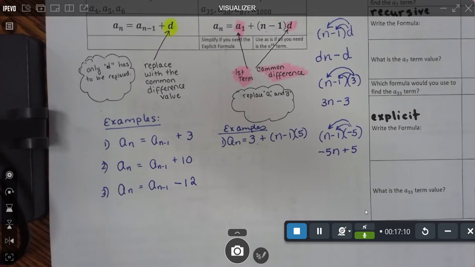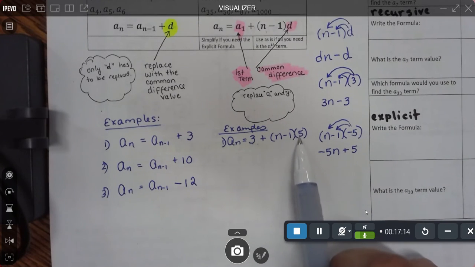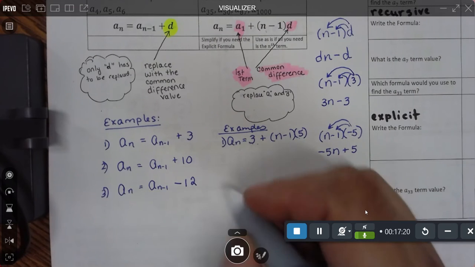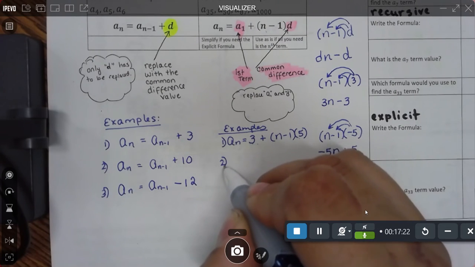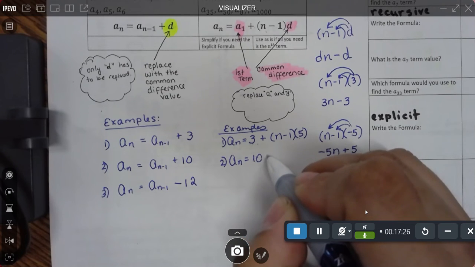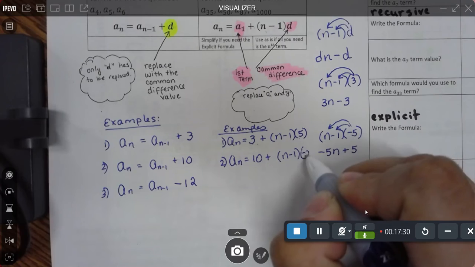See how the only thing we plugged in was the first term and the common difference? Obviously, later we have to simplify, but I'll show you that in a bit. Let's do one with a sub n equals 10 plus n minus 1 times -2.